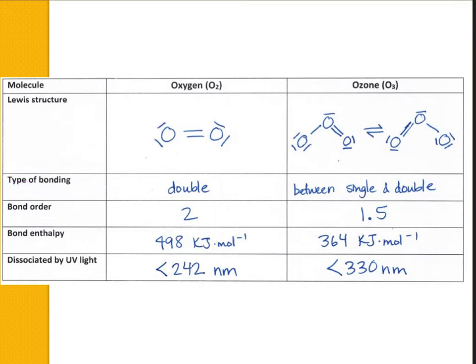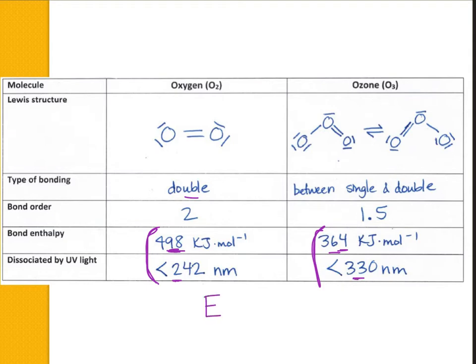Now let's focus on the important part, this connection between bond enthalpy and the wavelength. You can see that the oxygen requires more energy, like we just talked about, because it has the higher bond order, less energy for the ozone. But it's an inverse relationship to the wavelength. Higher energy absorbs lower wavelengths. Lower energy absorbs higher wavelengths.